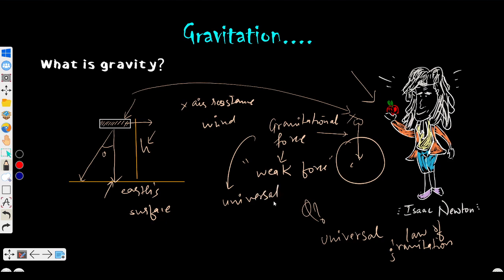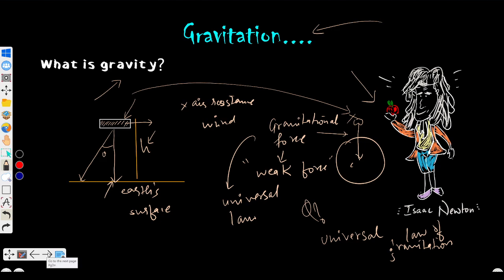Students get confused and they assume that gravity or gravitational force is bound to Earth. It is not the case. Gravitation exists all over the universe. But if I talk about Earth, we use the word gravity. I hope this is clear to you. I hope the reason why objects fall vertically downward is clear to you.